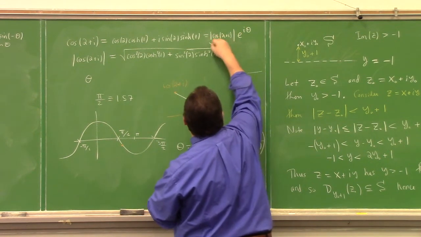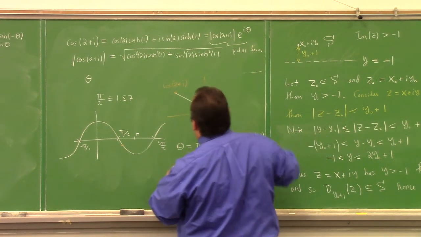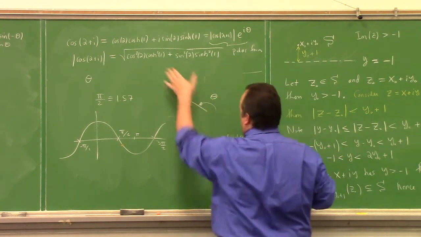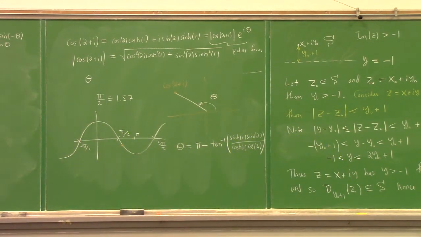This is the polar form, where I've explicitly given the modulus and this is the angle. So that's the natural log of the modulus of 1 plus i root 3, plus i times capital Arg of 1 plus i root 3.